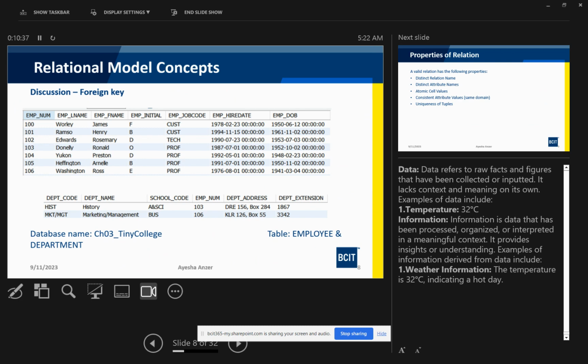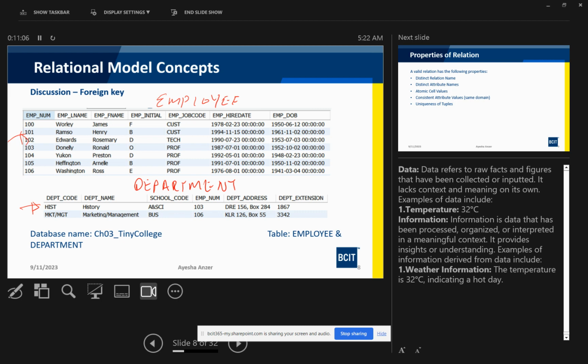So the foreign keys. You can look here, we have two tables. One is employee, and then we have a department. For the employee, you can see we have a link between employee and department, because one employee belongs to one department in the organization.